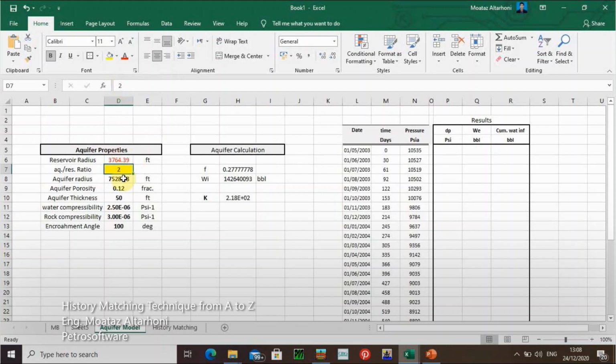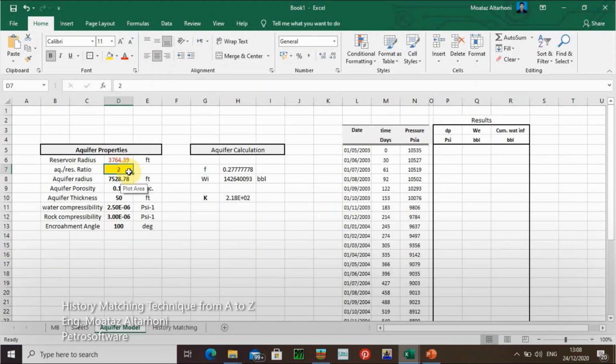You must focus on this. What's the meaning of 2? That means the aquifer radius is twice the reservoir radius, or the aquifer is twice the size of the reservoir. Using the aquifer model, I cannot assume this value will be, for example, 10 or 20.